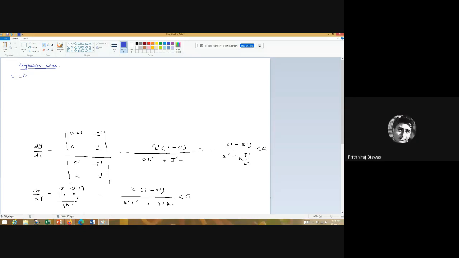In the Keynesian case, L prime is infinite, sorry, yes. So in the Keynesian case, fiscal policy will be affected. So if it is infinite, this part becomes 0.